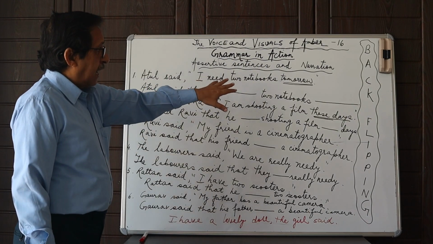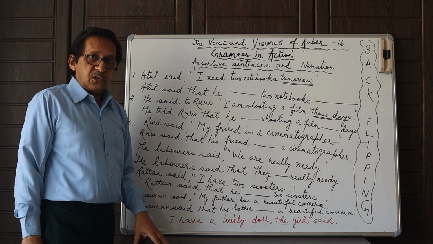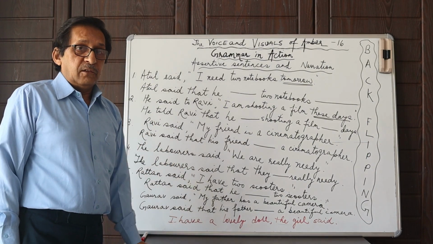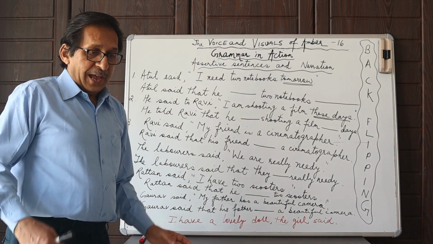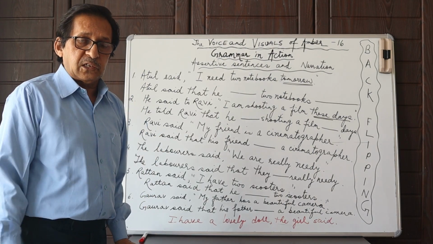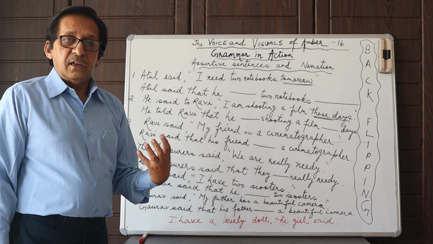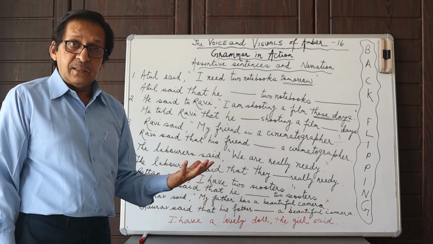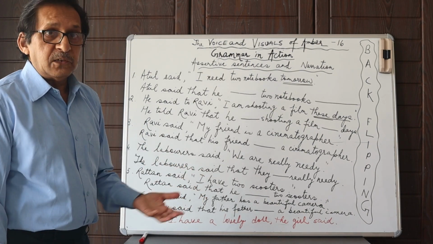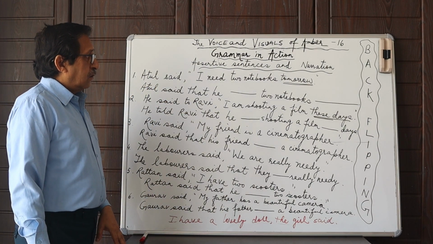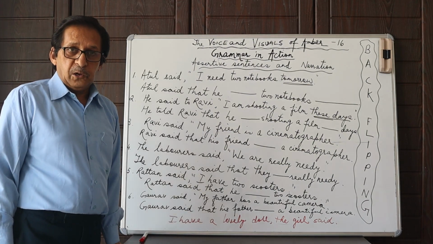Direct speech, if you can recall, is normally used when we actually want to reproduce a piece of conversation. It is used in plays where we have dialogues between 2 people or more than 2.